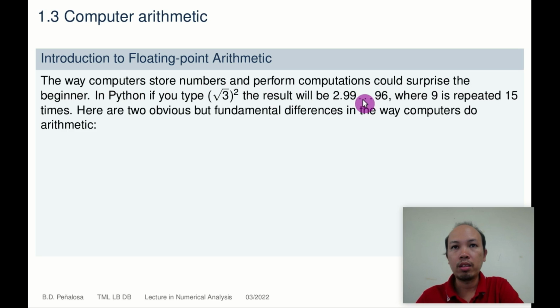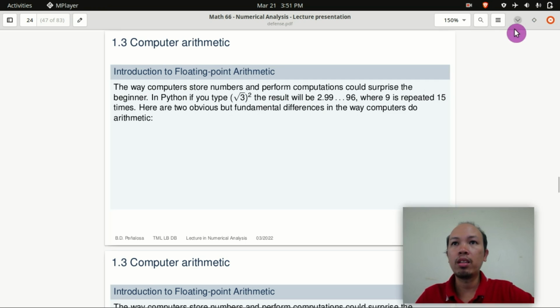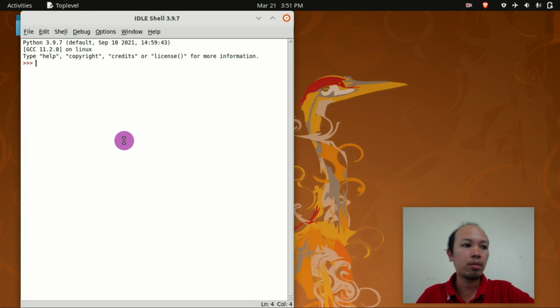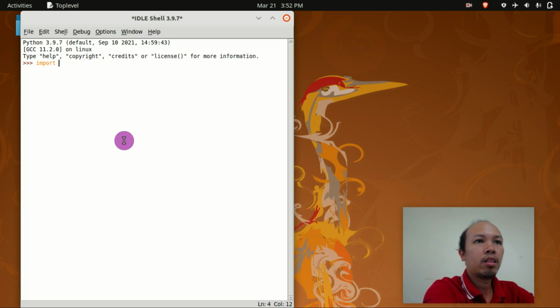So let me try it. First, let me go to my IDLE. Okay, so for example, let's import the math function. Import math, or rather, from math import square root.